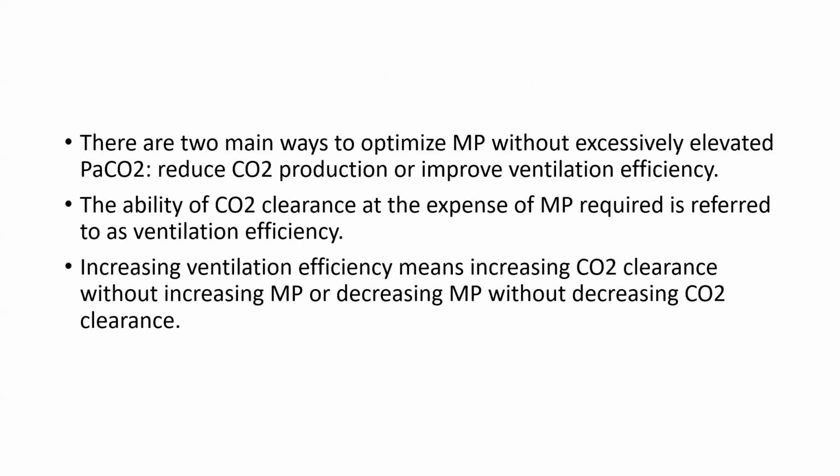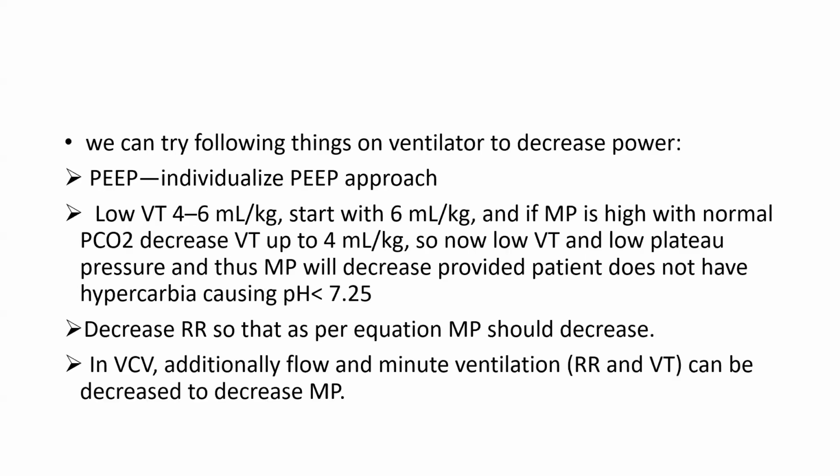So there are two main ways to optimize mechanical power without excessively elevated PaCO2, that is, reduce CO2 production or improve ventilation efficiency. The ability of CO2 clearance at the expense of mechanical power required is referred to as ventilation efficiency. Increasing ventilation efficiency means increasing CO2 clearance without increasing mechanical power, and decreasing mechanical power without decreasing CO2 clearance.